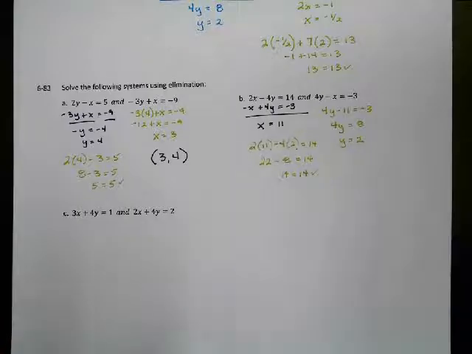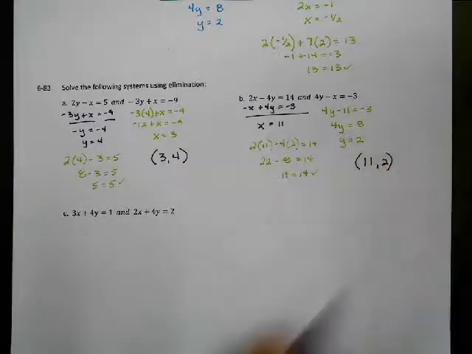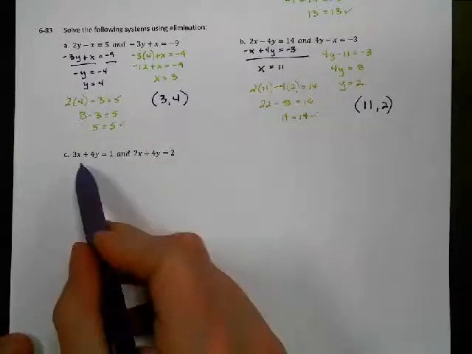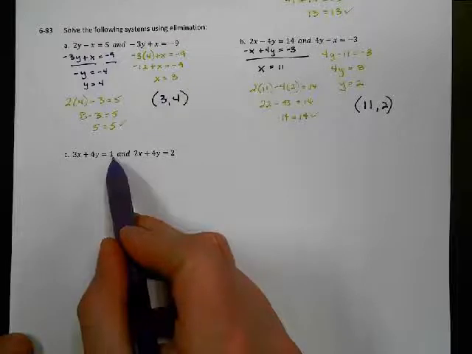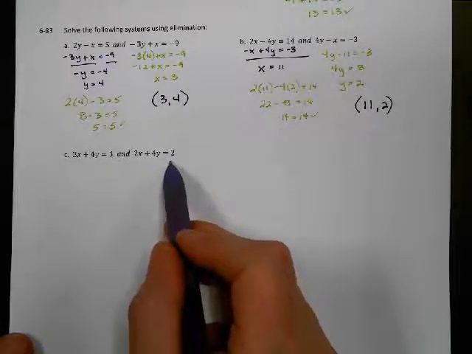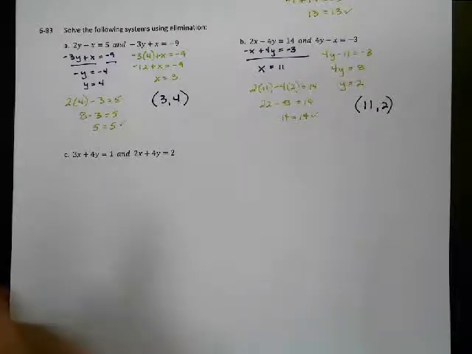Last one. We've got 3x plus 4y equals 1 and 2x plus 4y equals 2. Problem. These are the same. If I combine them, I'm going to get 8y, and they're not going to cancel. So I'm going to multiply both sides by negative 1.